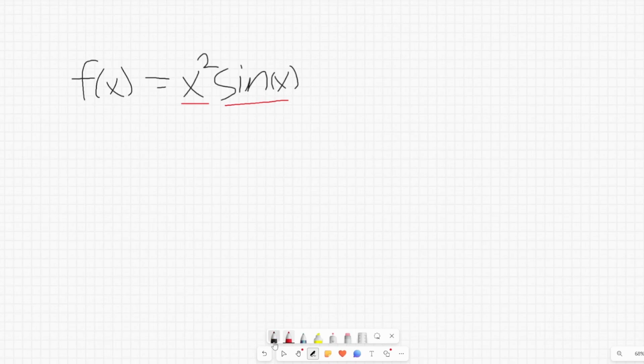All right. So the product rule will be 2x, so the derivative of the first one, I don't need to include a bracket, times the second one, times sine x plus x squared times cos x, because now I do the derivative of the second one. All right, so this looks like this.